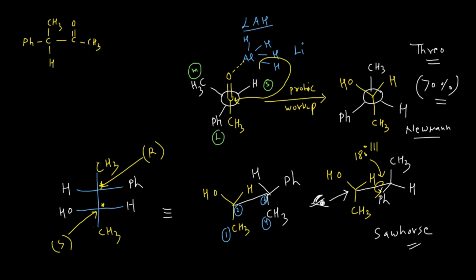If you don't know how to give the configuration to these particular chiral carbons, again I am giving you the link in the description box. You can go through the description box and learn from there. But believe me, this is your R, this is your S. I am not actually telling you how to give R and S configuration to this one. This is up to you. But if you don't find these things quite easy to understand, then you can always comment in the comment section, and I'll give you the details as well. I hope this is quite clear to you.